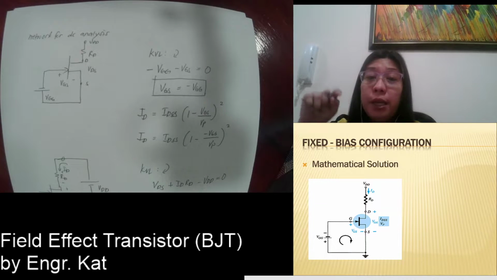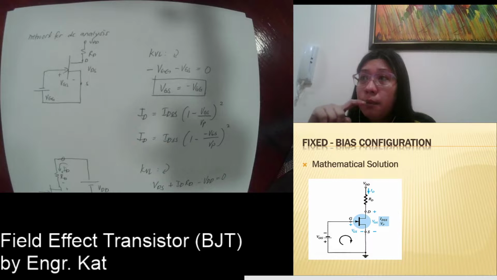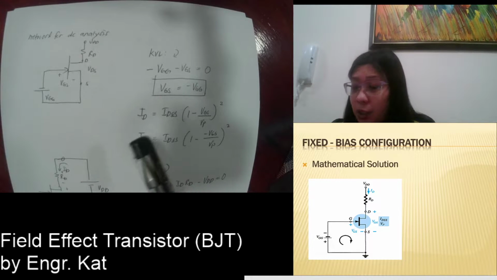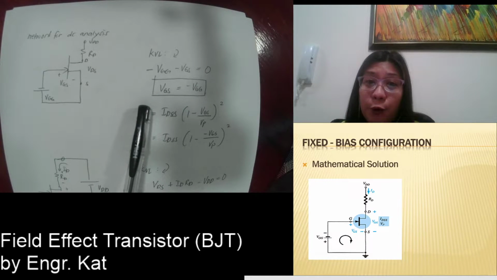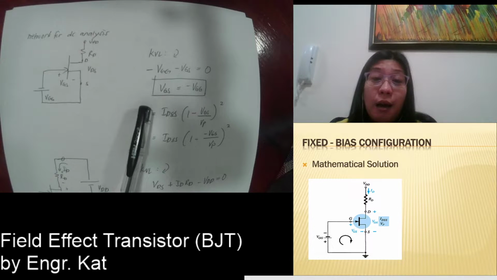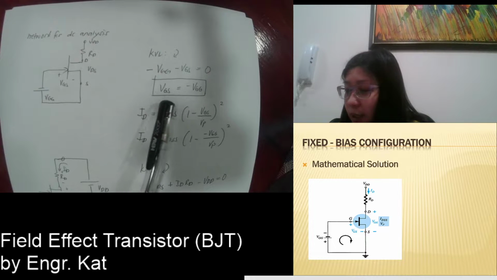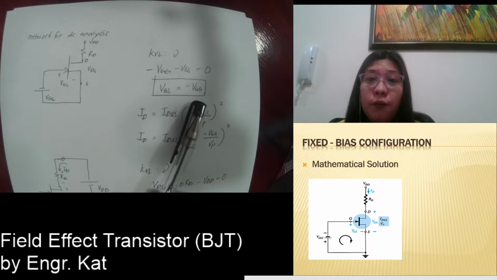It is called fixed bias. Why? Because I got the amount for VGS right away, and that is equivalent to a negative VGG.